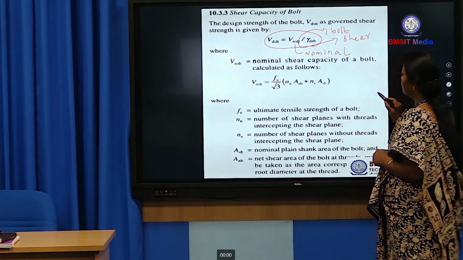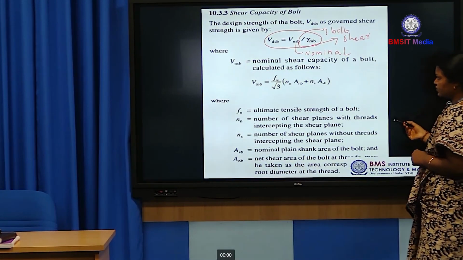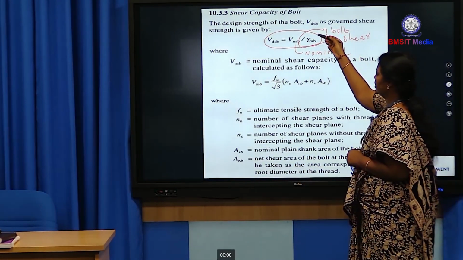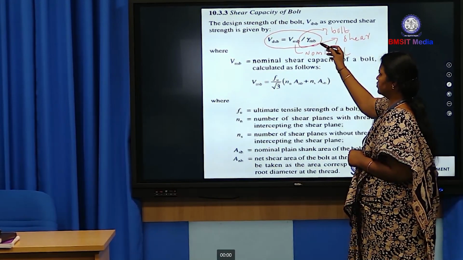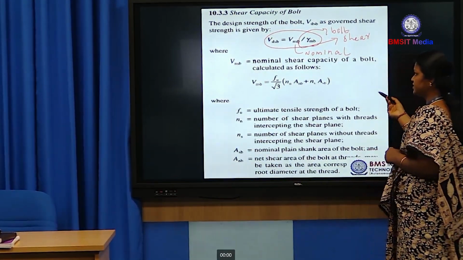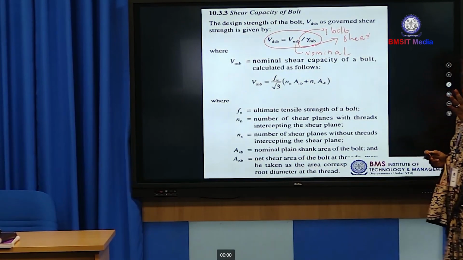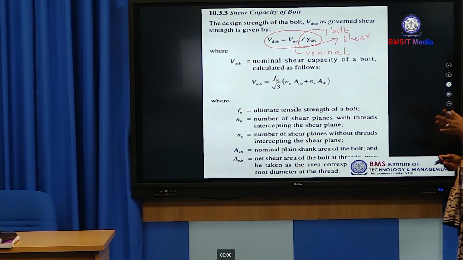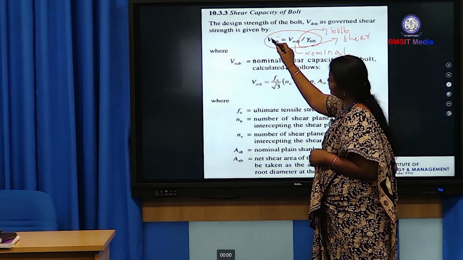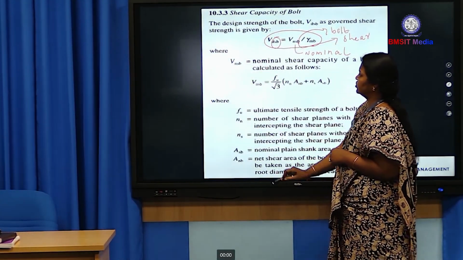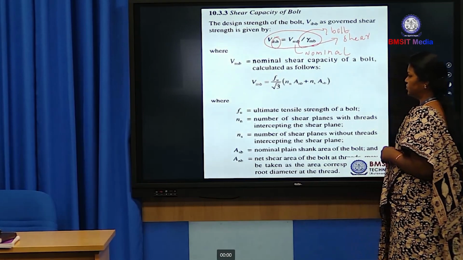So, nominal shear strength of the bolt divided by factor of safety of the bolt. In the previous table we have seen gamma MB is 1.25 for both shop and field. VDSB equal to design shear strength of the bolt.